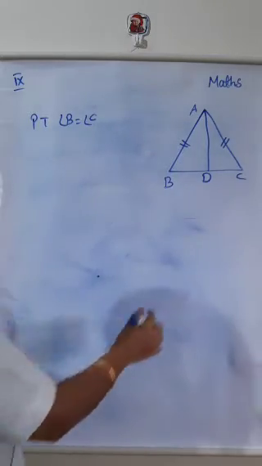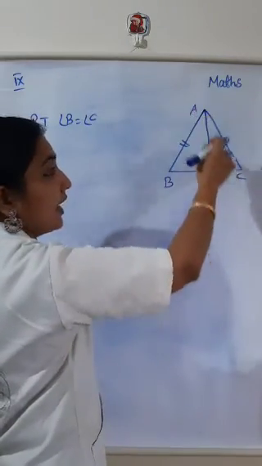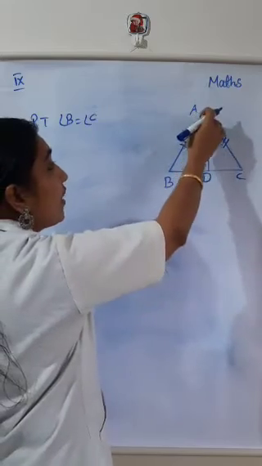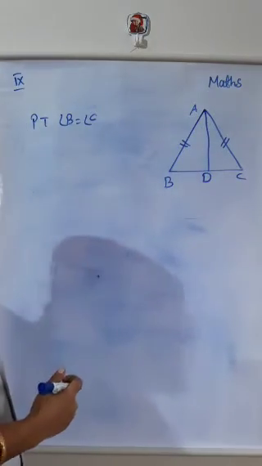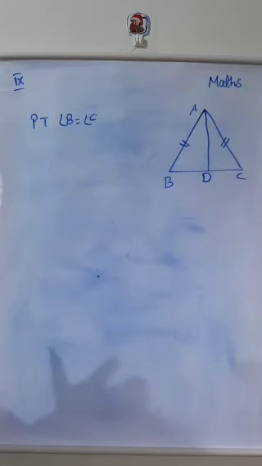Angle bisector means the line segment AD divides angle A equally. So we got two triangles, triangle ABD and triangle ACD. First we need to prove that these two triangles are congruent.